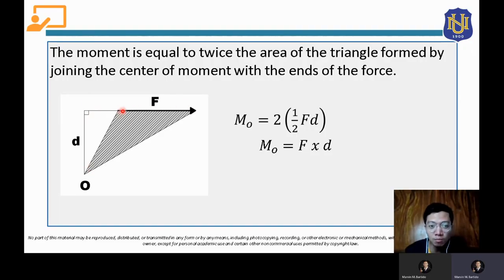So if you're going to solve for the moment of this force about point O, it will just be F times its perpendicular distance, which is this distance D. So basically, the concept mentioned here is proven right here, right? That the moment of a force about point O is equal to F times D. So this is just a concept.